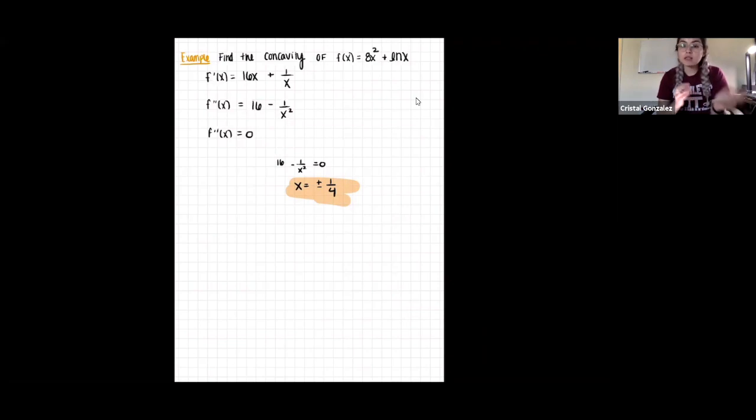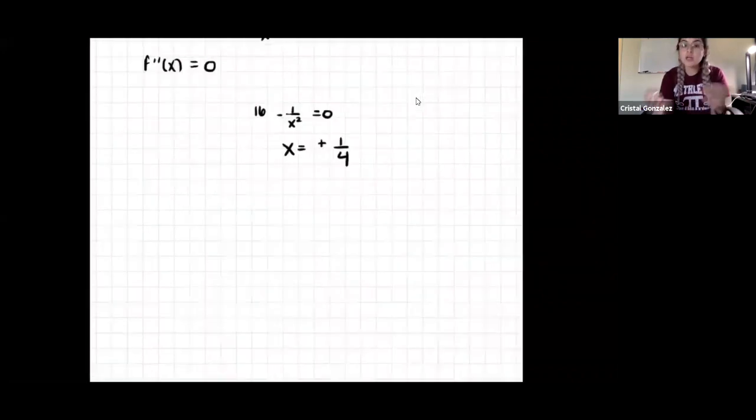But since ln is only defined for positive real numbers, this means that we are only defined for x being greater than 0, sorry. So then that means that we are only concerned with x being 1 over 4, not x equaling negative 1 over 4, because that's not defined in our function. So that means we actually only have one point to test, and that point is 1 over 4.